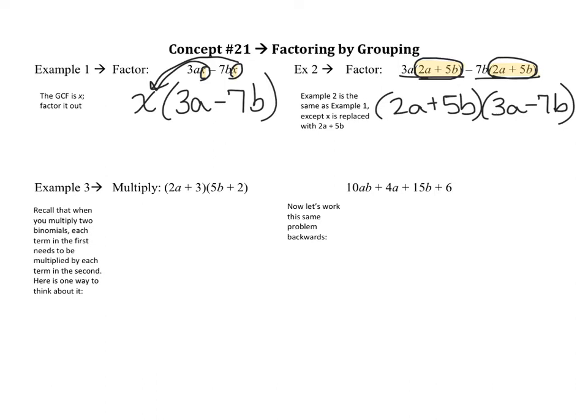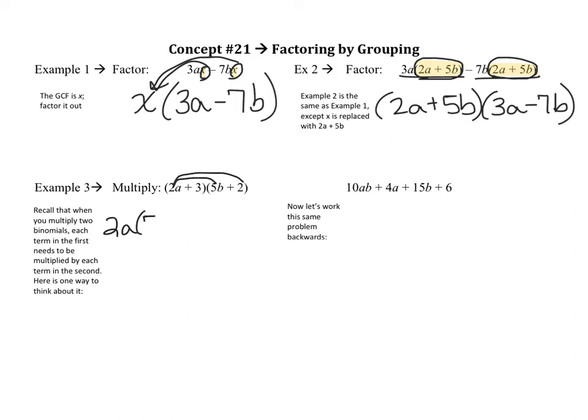So now, looking at example 3, if I ask you to multiply these two binomials together, well, just think about, typically we would do FOIL, right? I would do 2a times 5b, and then 2a times 2, and then 3 times 5b, and then 3 times 2. So now I want you to just look at it a different way, right? The 2a has to get multiplied by both of these terms. So couldn't I write this out as 2a, and then in parentheses, that 2a has to get multiplied by 5b and the 2.